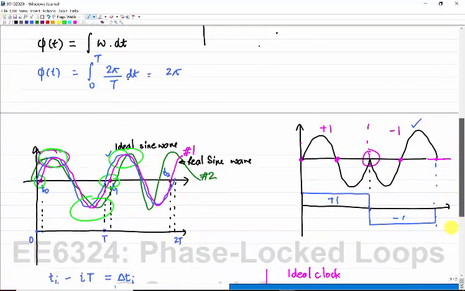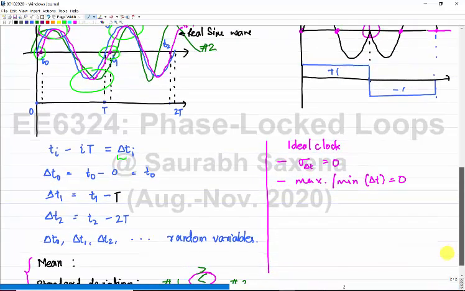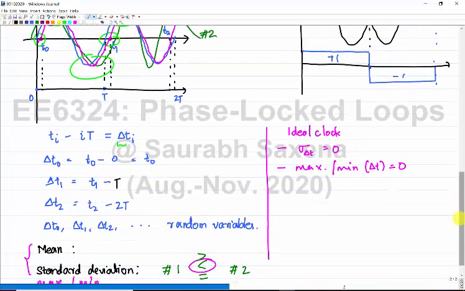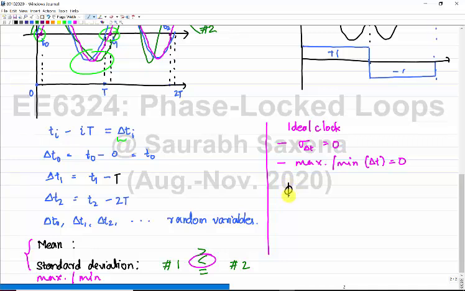There are two ways to find the phase error. One way is the phase accumulated by an ideal clock, which is going to be omega naught, which is fixed, times dt. Let us say this is 0 to t. And the phase accumulated by a real clock, phi real of t, is whatever frequency it has, 0 to t.